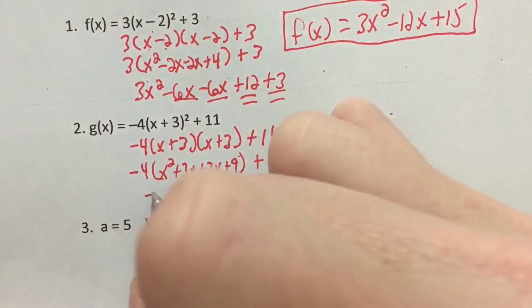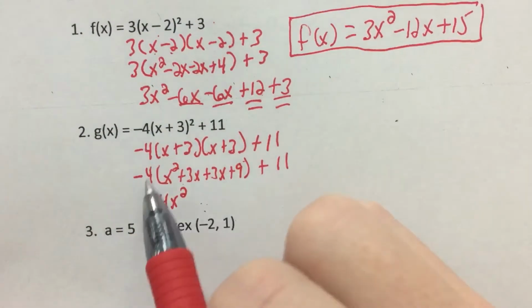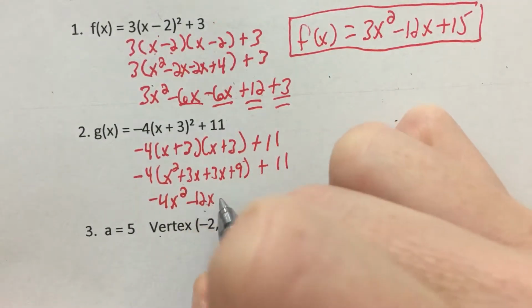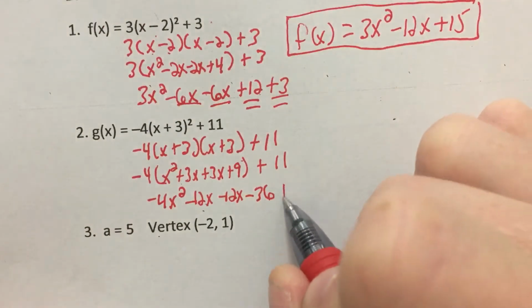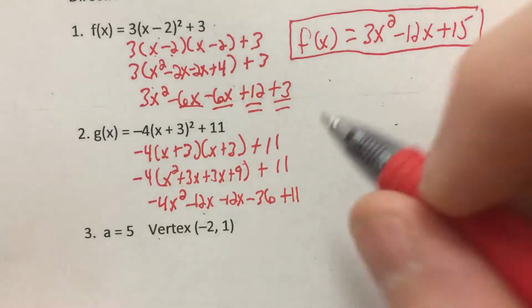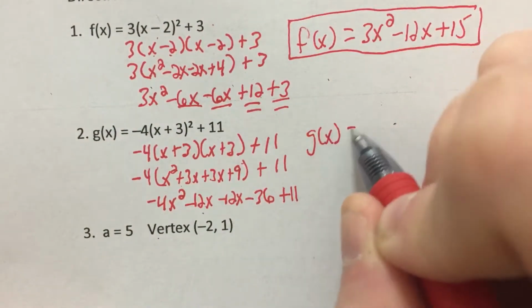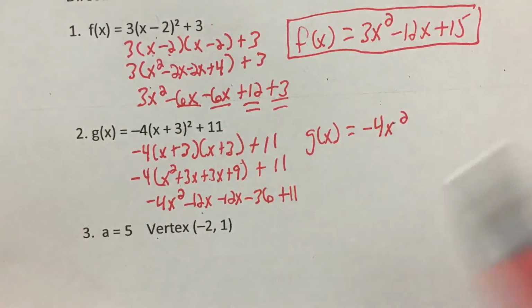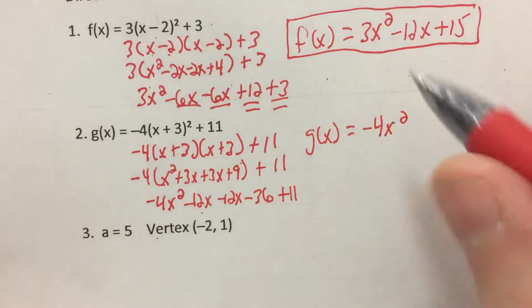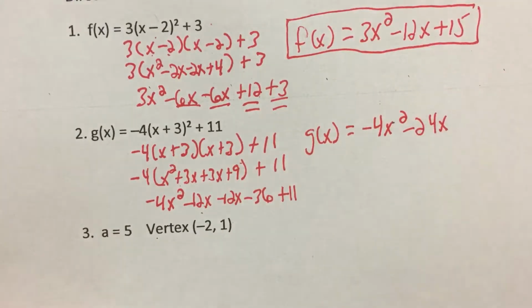Distribute the negative 4, we would get negative 4x squared minus 12x, minus 12x, minus 36, then plus 11. And then we combine our like terms. Negative 4x squared doesn't have one, so it stays the way it is. But negative 12x and negative 12x is negative 24x. Negative 36 plus 11, negative 25.